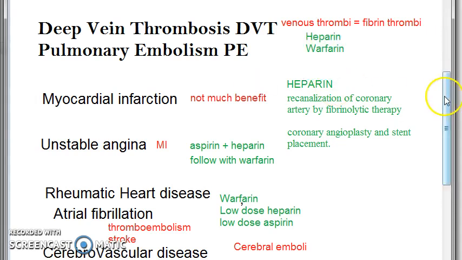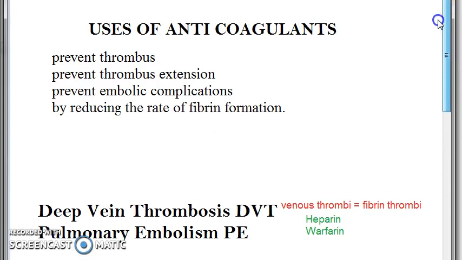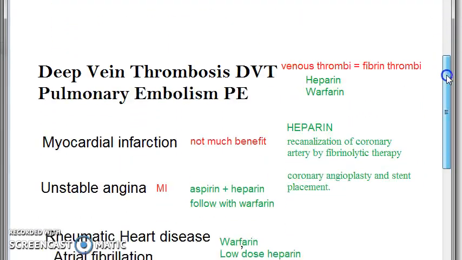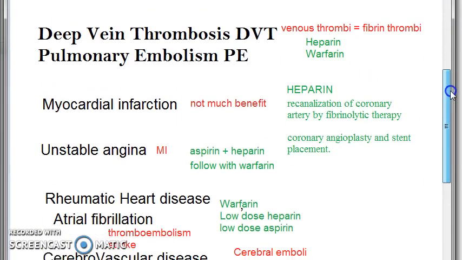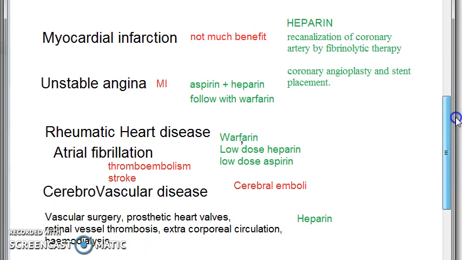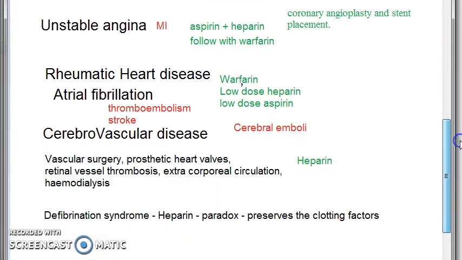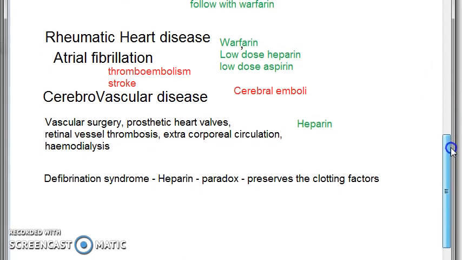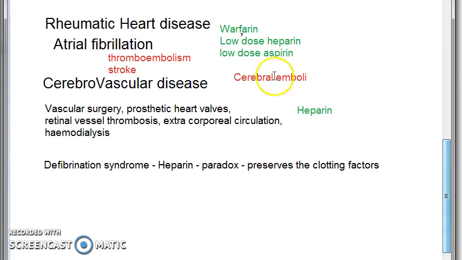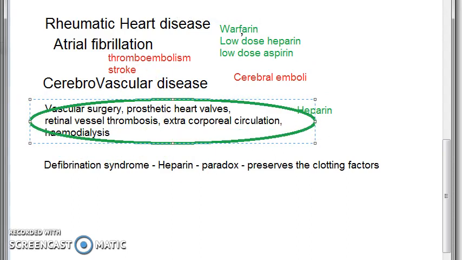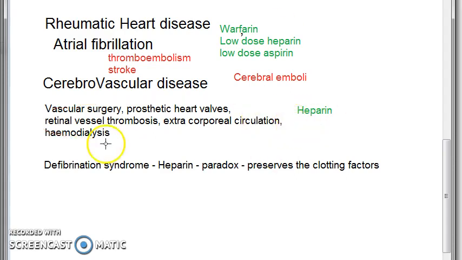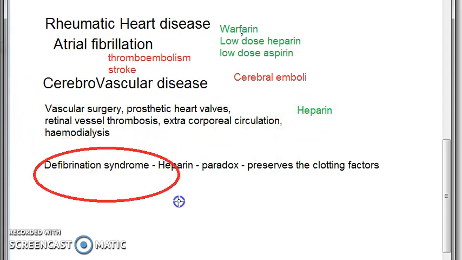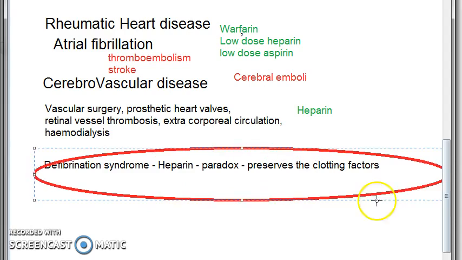Got it? Let us revise the uses of anticoagulants: deep vein thrombosis, pulmonary embolism, myocardial infarction, unstable angina, rheumatic heart disease, atrial fibrillation, cerebrovascular disease, vascular surgery, prosthetic heart valves, retinal vessel thrombosis, extracorporeal circulation, hemodialysis, defibrination syndrome.